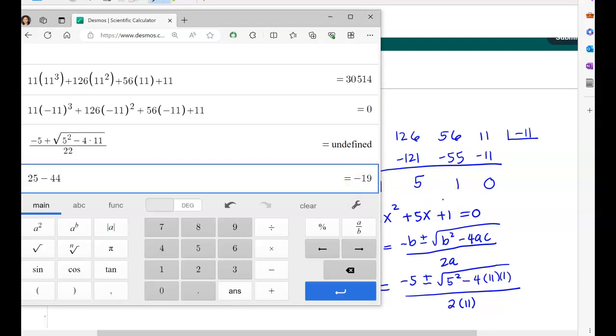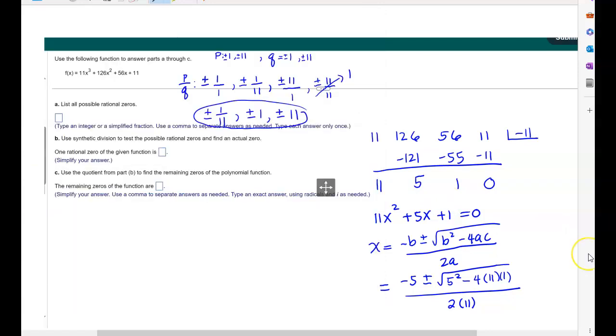So therefore, this is how you would write this. So the answer here will be negative 5, then you have plus or minus the square root of 19i, because you have a negative 19, right? Divided by 22. So the denominator there is 22. So over 22. So this is actually the rest of your roots, the imaginary roots.